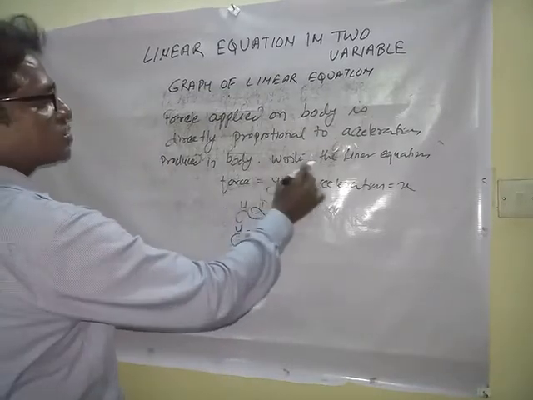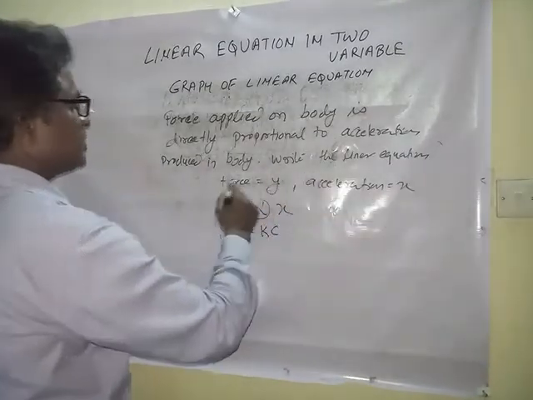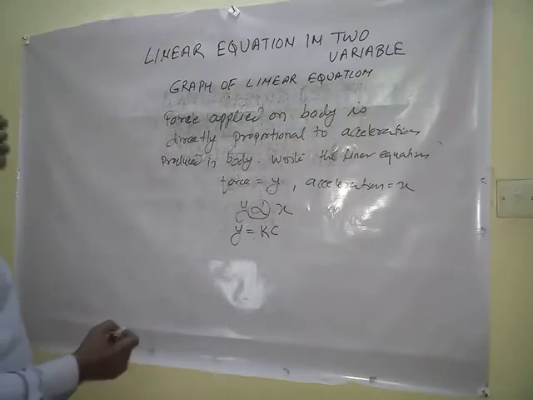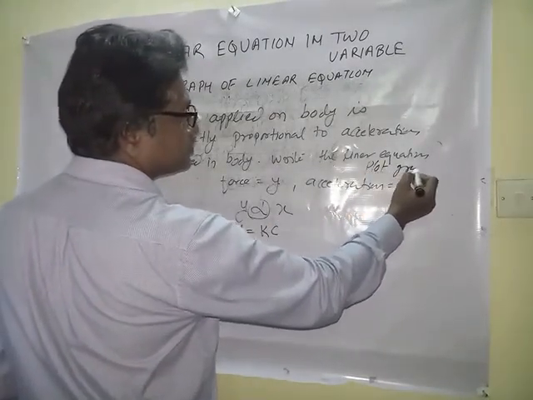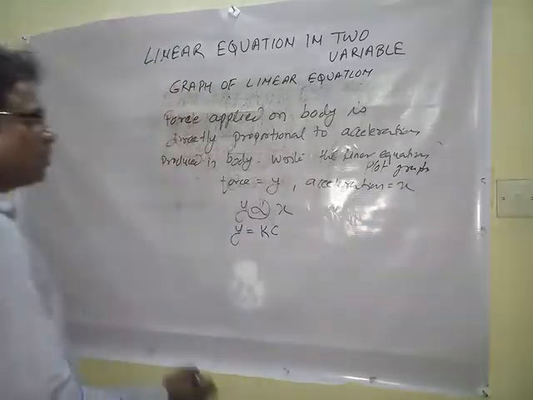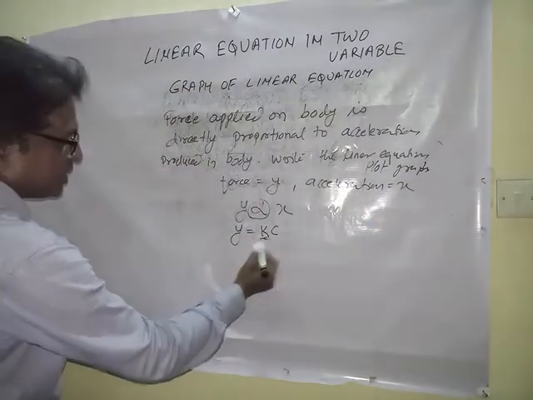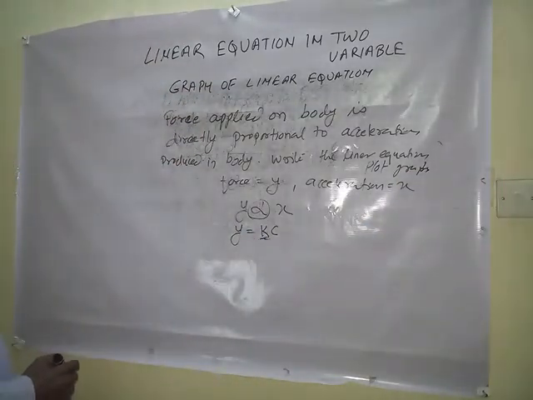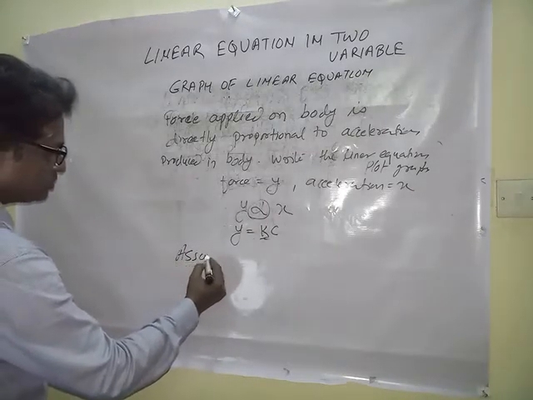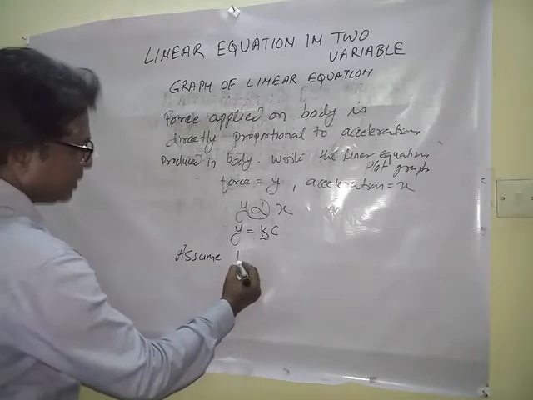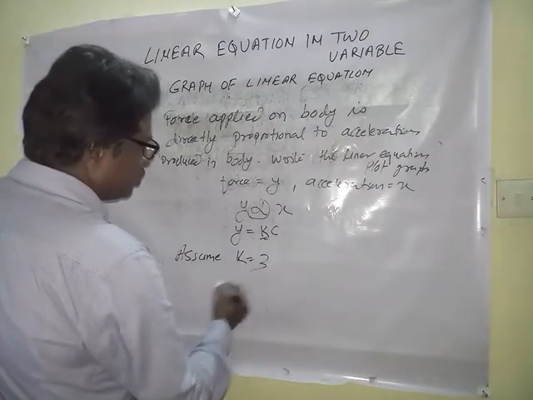Now you have been asked to write the linear equation and plot the graph also. Now how will you plot the graph when the k is not known to you? So to plot the graph, assume any value for the k. Assume k is equal to 3.